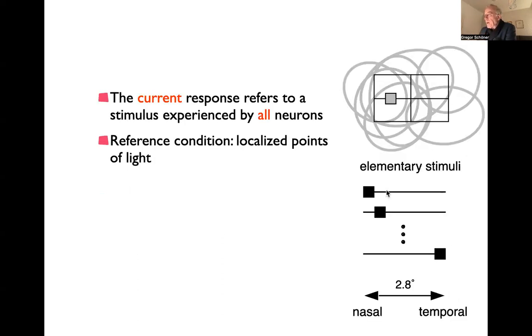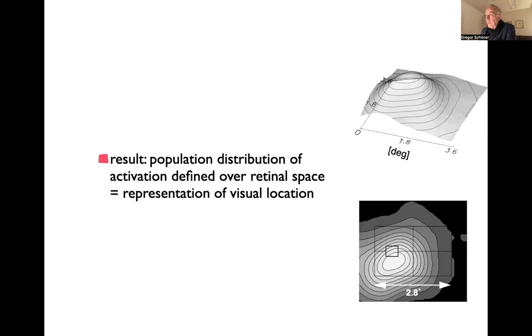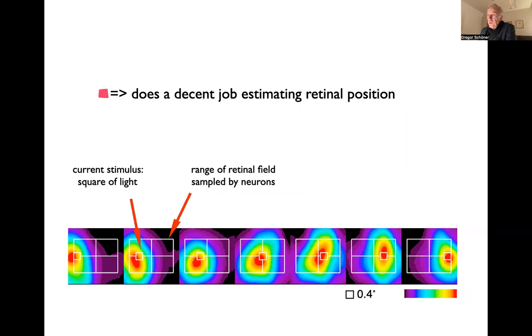So in the experiment, we actually had different locations of the stimulus. We called these elementary stimuli, that is, they were presented to all neurons. And in a moment, I'll show you stimuli that are composite from these elementary stimuli. So even if you do that, you can already observe how retinal location is represented by the population.